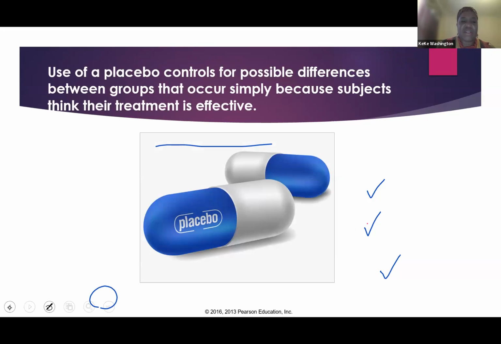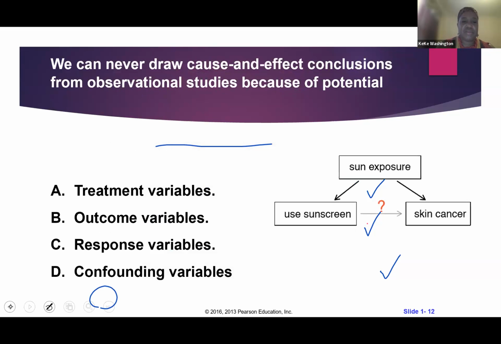All right, let's talk about that observational study. We cannot draw cause and effect if you're dealing with an observational study, and let me add in here, or if you're dealing with anecdotal evidence. Neither one of these can establish cause and effect.